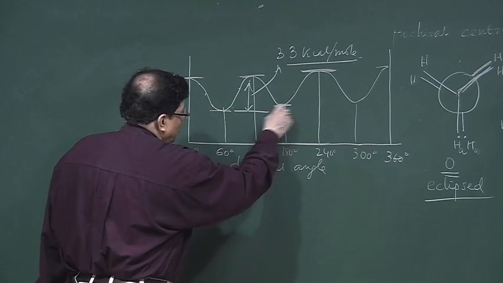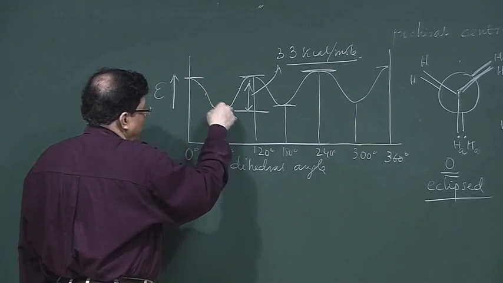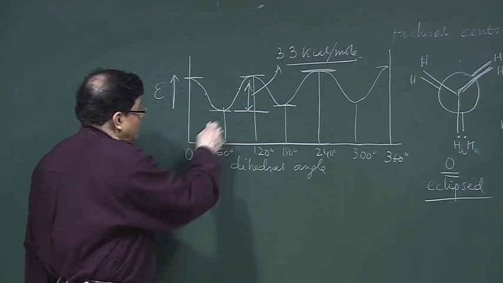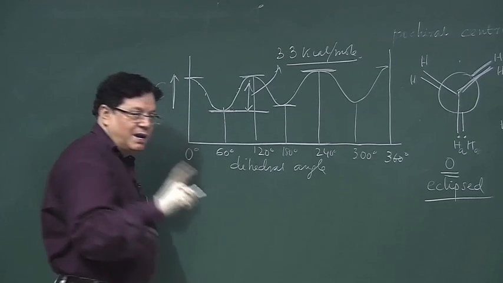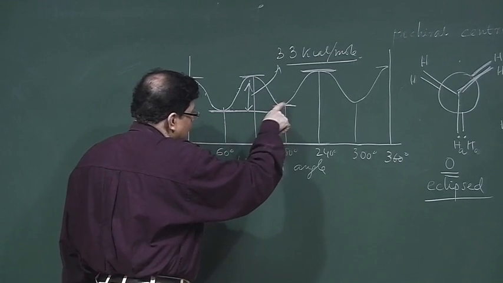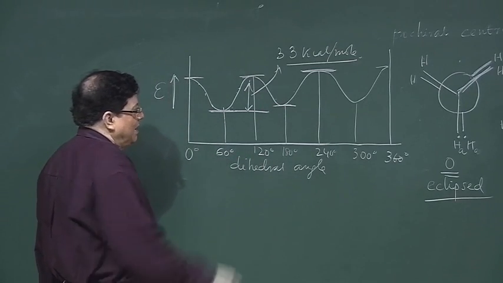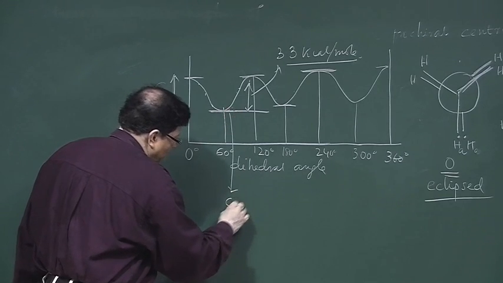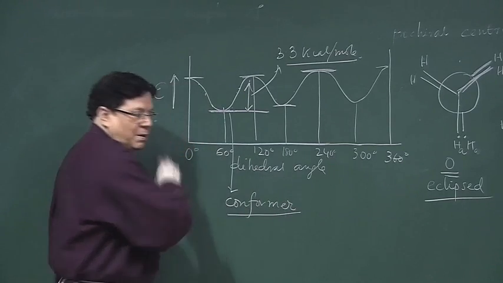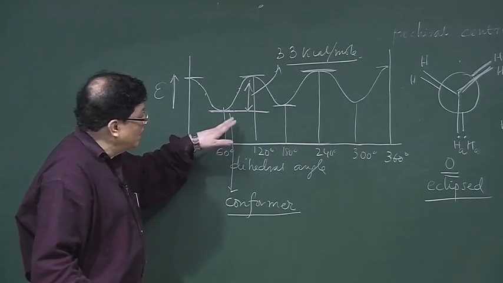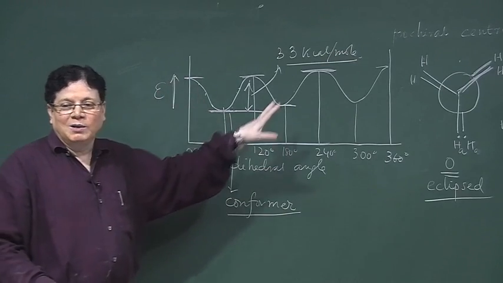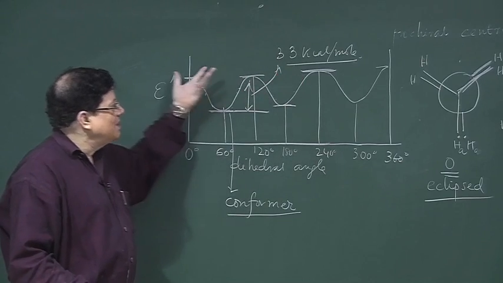But here we also introduce, again I repeat, every point in this graph represents a conformation. However, the conformations which lie in the energy minima of the energy profile diagram are called conformers. So, conformers are the ones which lie in the energy minima, but conformations are all, every point in this diagram.